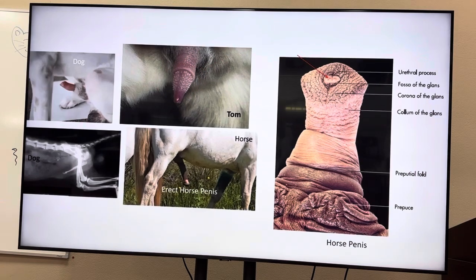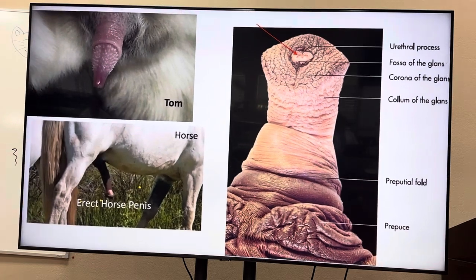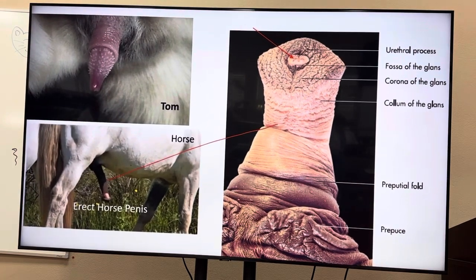So you can see the penis of a stallion, erect versus non-erect. So you can see when erect, this is somewhere around, what joint would this be? Hock. Okay, around the hock.